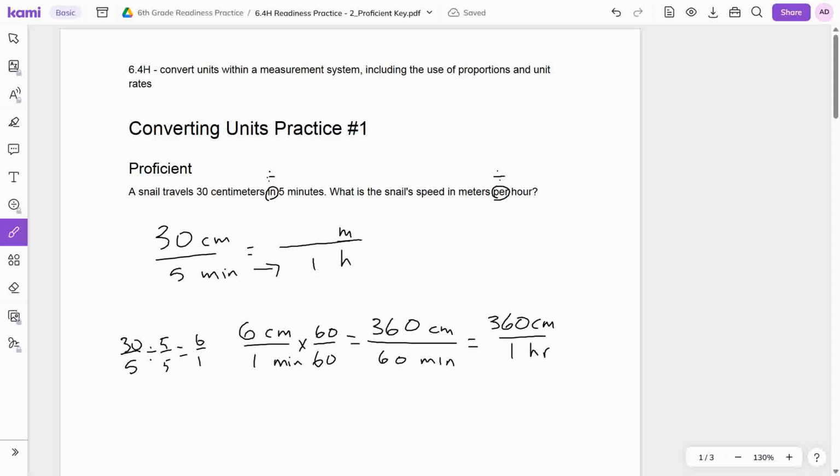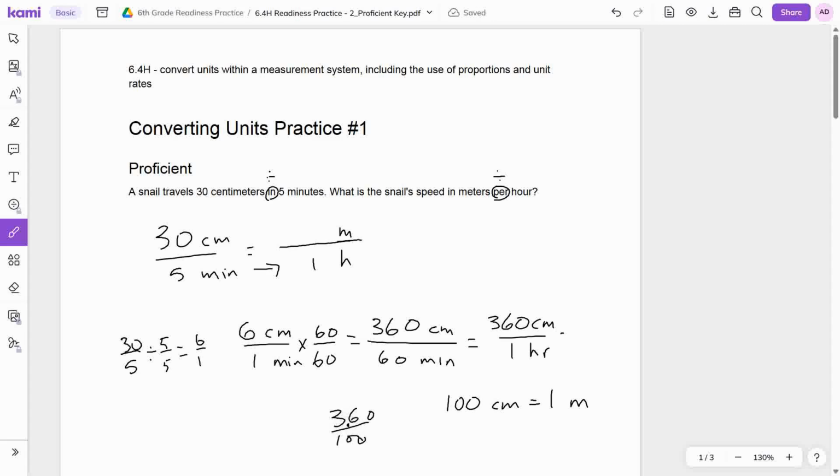And so let's think of 100 centimeters equals 1 meter. So if I want to change 360, what I can do is take my 360 and divide by 100, and that's going to get me that conversion. Now, there's a few different ways we can do that. We literally can do long division, or we know that when we divide by 100, we move the decimal over twice.